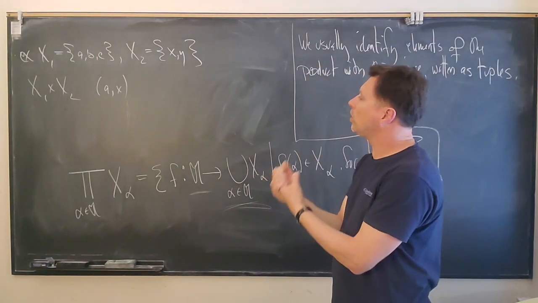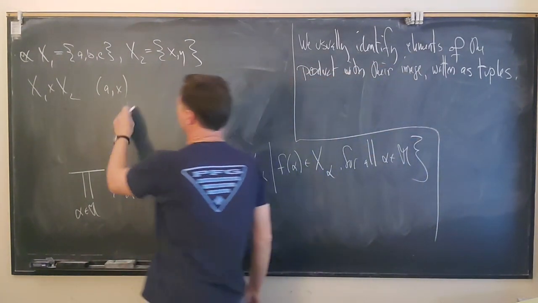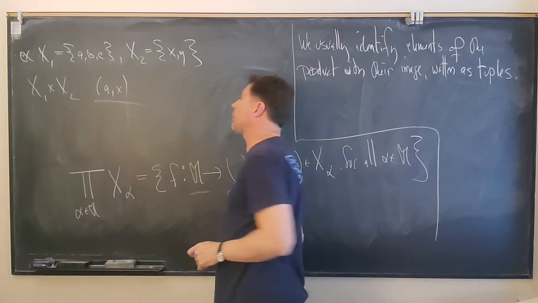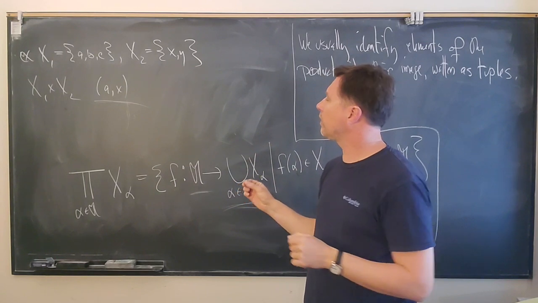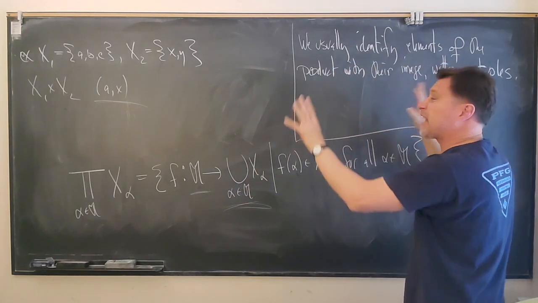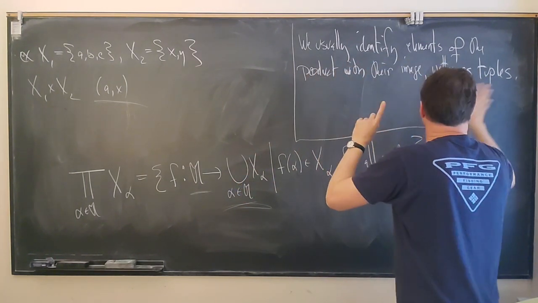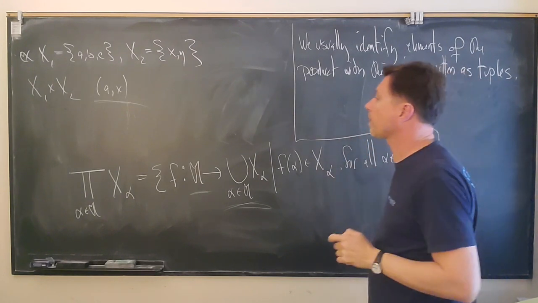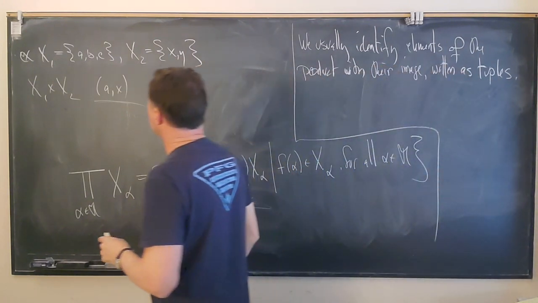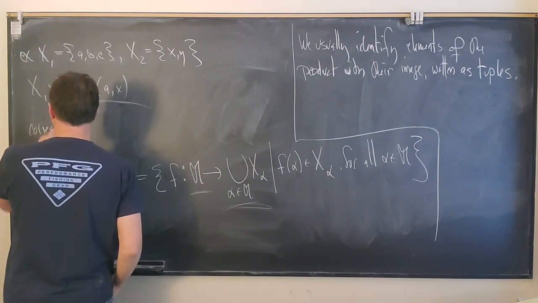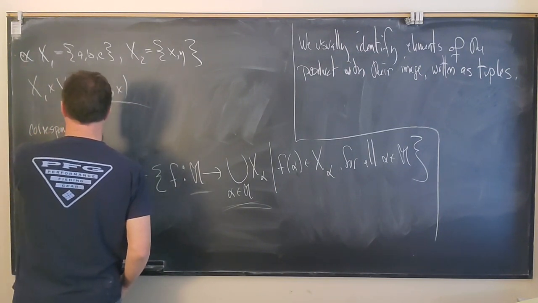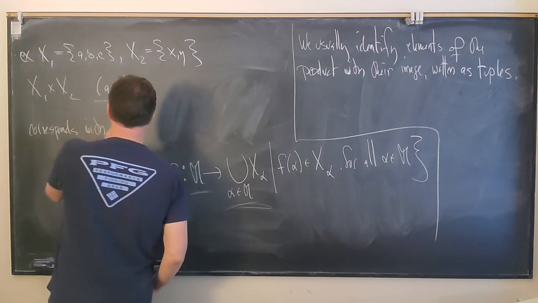So what is this? Well, this element right here, A comma x, we can think of, as we were saying up here, that we usually identify the elements with their images written as tuples. So A comma x corresponds with the function f.